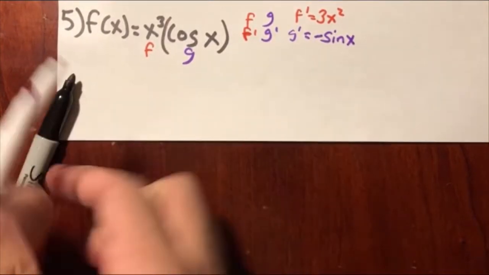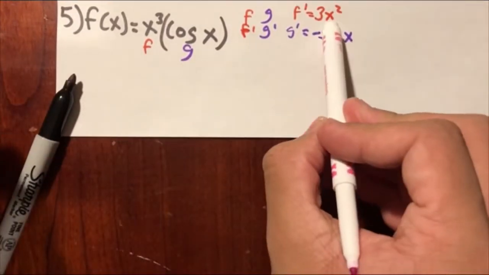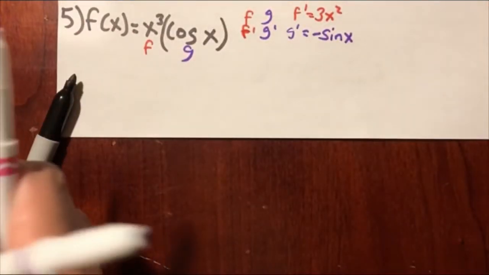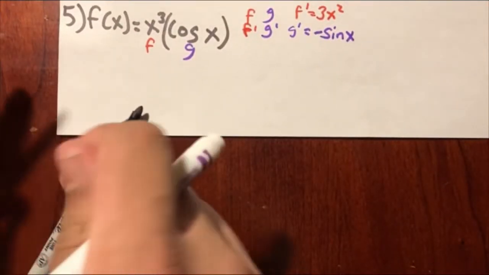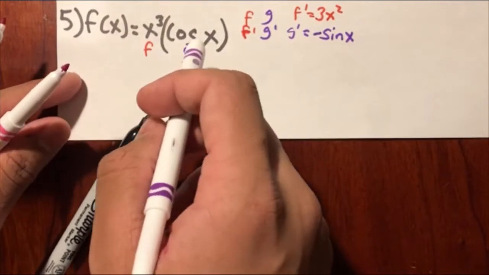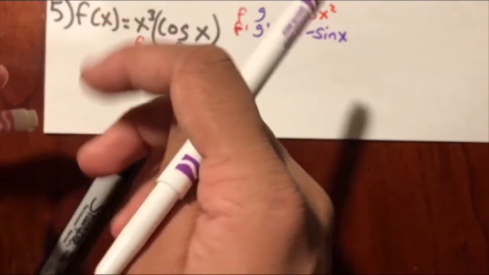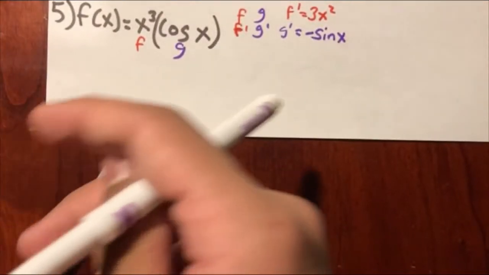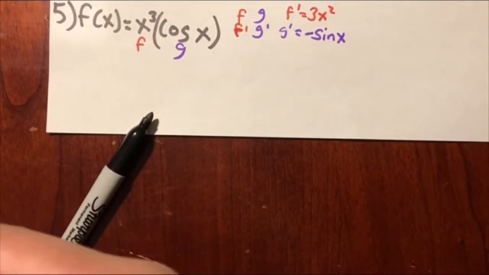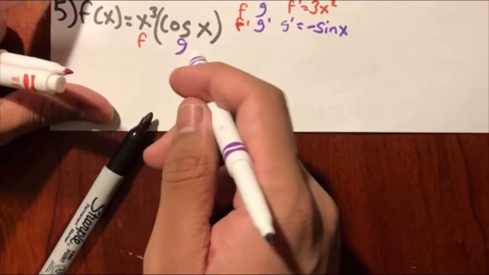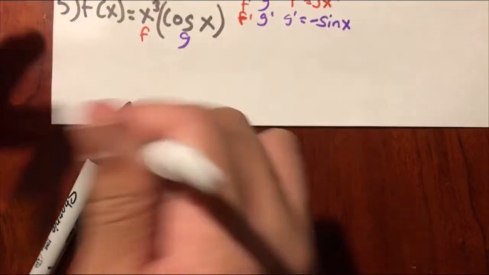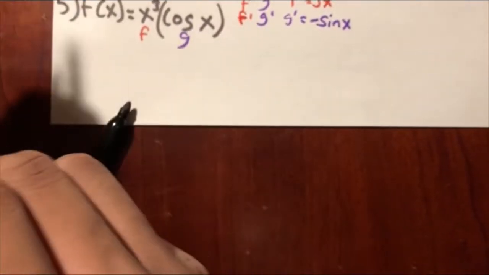I know I didn't discuss it, but you should memorize the trigonometric derivatives. They'll save you a lot of time. I memorized it, that's why I knew that the derivative of cos x is negative sine x. You should memorize that.